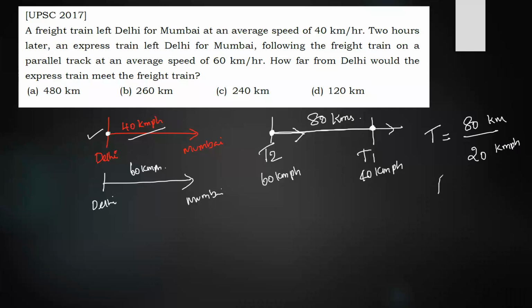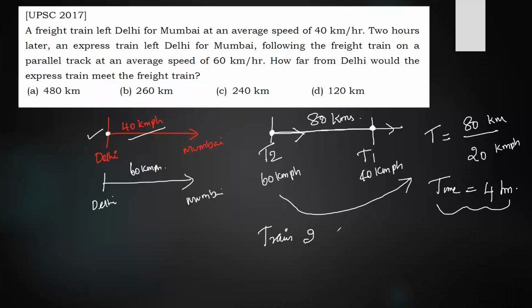I already told you that, right? Is it clear? So time taken is distance by speed. We are moving in the same direction on a parallel track, so subtract the speeds, right? So here 60 minus 40 is 20 kilometers per hour.